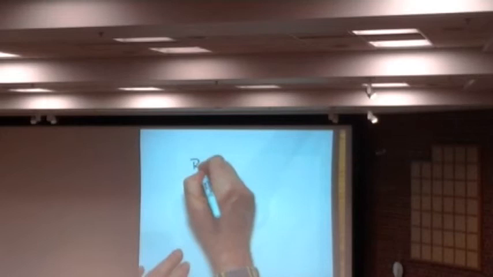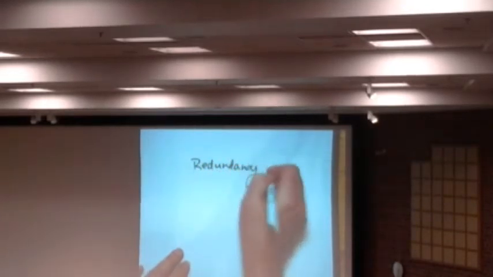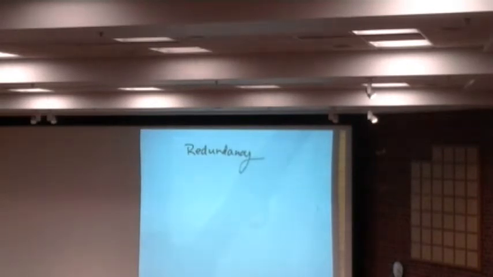This is what we call redundancy. Redundancy in biological systems is a common observance when something is very important to get done. You do it in multiple ways, in case one of them goes wrong, then some of these other ways can carry on.